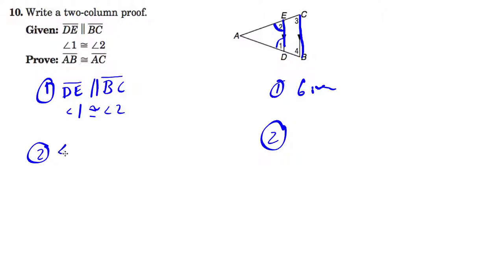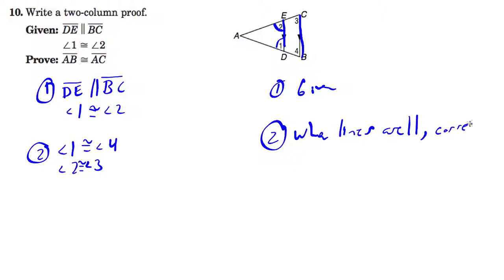So that means that angle 1 is congruent to angle 4, and angle 2 is congruent to angle 3. Why? Well, when lines are parallel, corresponding angles are congruent. Remember that theorem?